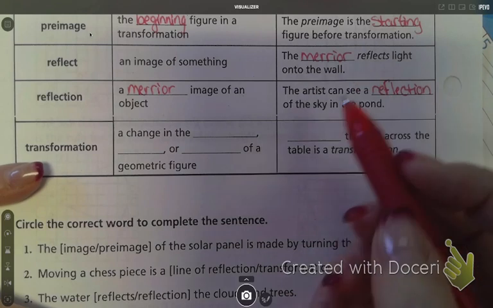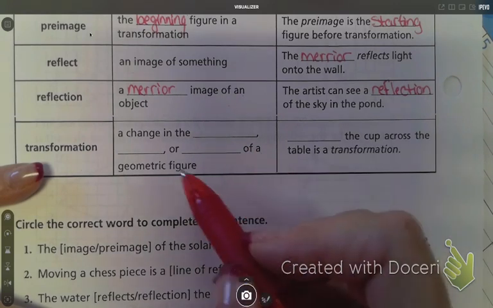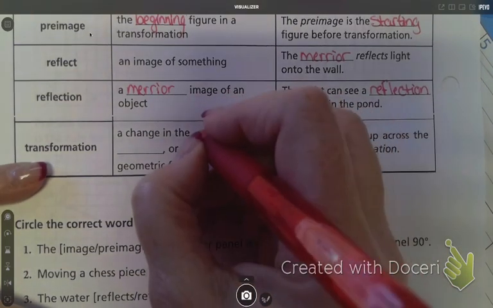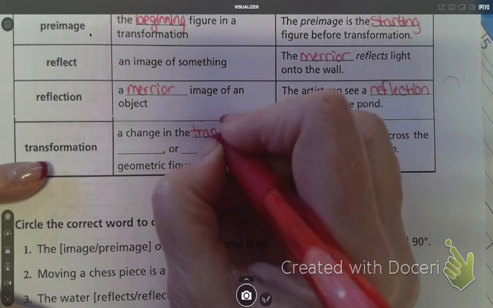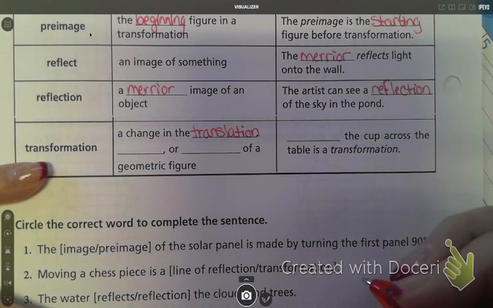Transformation. A change in the blank, or blank of a geometric figure. We don't have all those words yet. Okay, you have translation, which means like a slide.